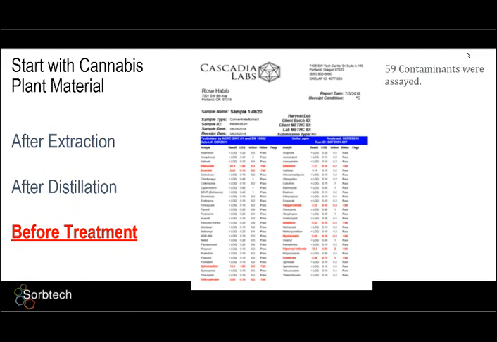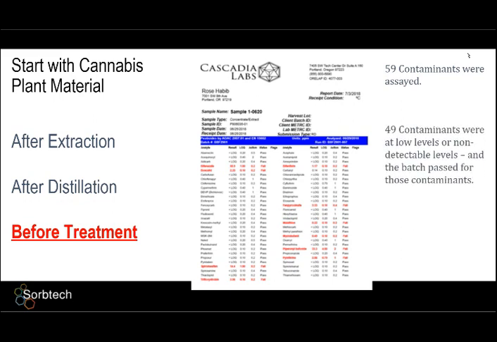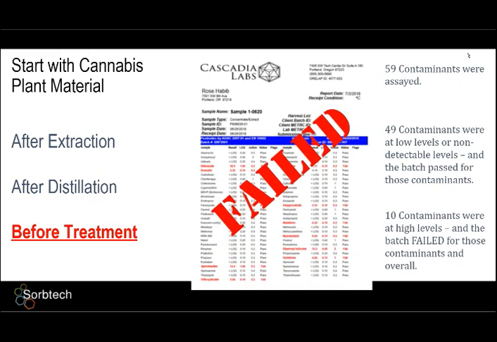Following Oregon law, which we're going to get into in a minute, 59 contaminants were assayed, and 49 were at either very low levels or non-detectable levels, so the batch passed for those contaminants. But 10 contaminants were at a high level, and the batch failed for those contaminants and overall. So the batch failed, and this is a very common case.